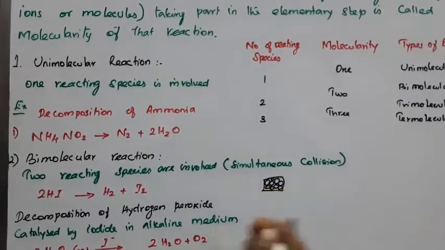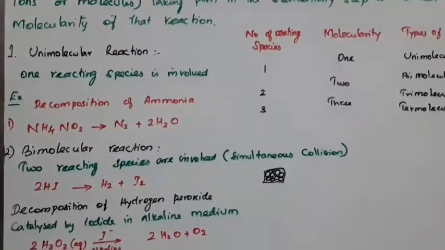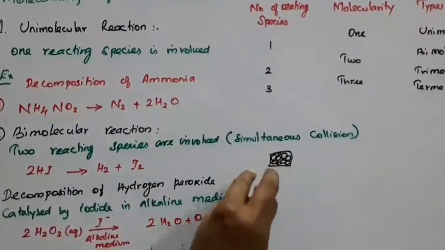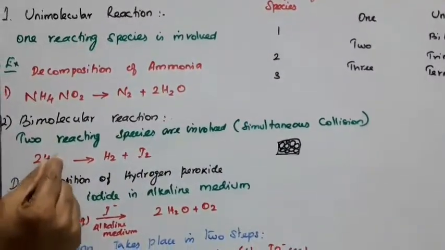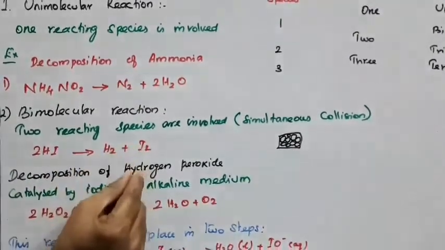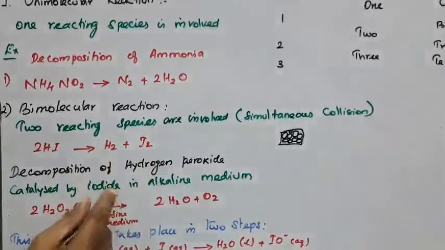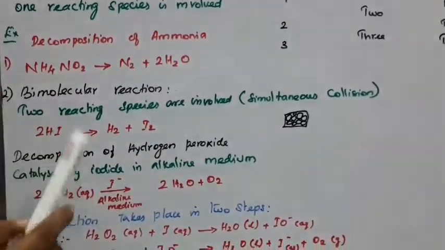So here the simultaneous collisions between these two reacting species produce hydrogen plus iodine. Two products, hydrogen plus iodine. This is two reacting species, called a bimolecular reaction.